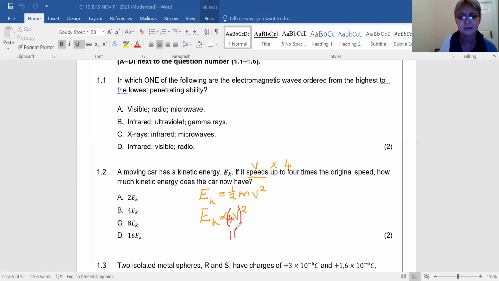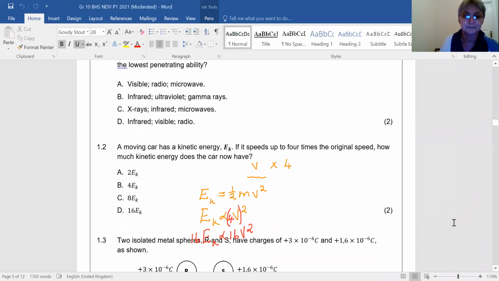It becomes a 16v squared. So if originally kinetic energy was directly proportional to v squared, now the new kinetic energy is 16 times what it was. Right? So that answered question 1.2.